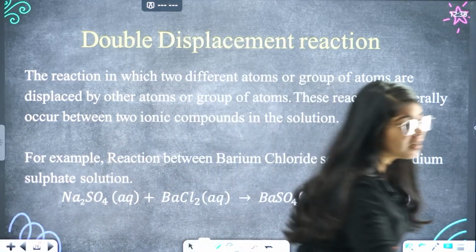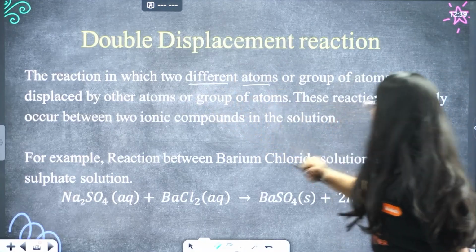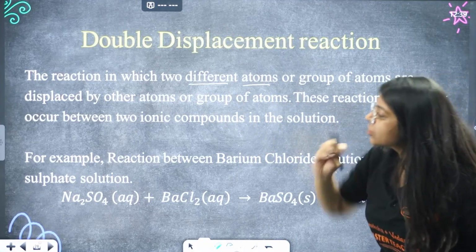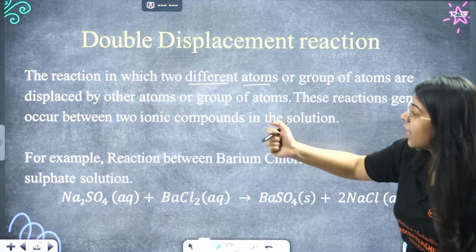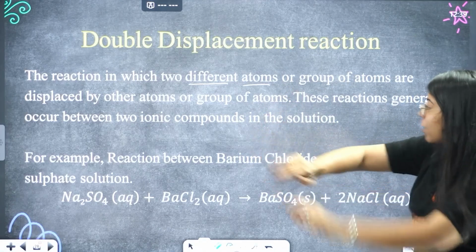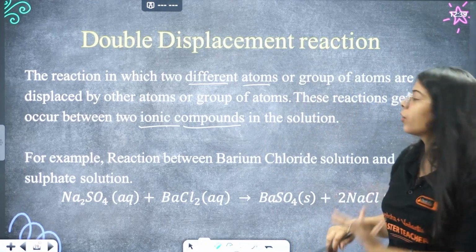The reaction in which two different atoms or groups of atoms are displaced by other atoms or groups of atoms. These reactions generally occur between two ionic compounds in the solution. Let's read it again, okay?